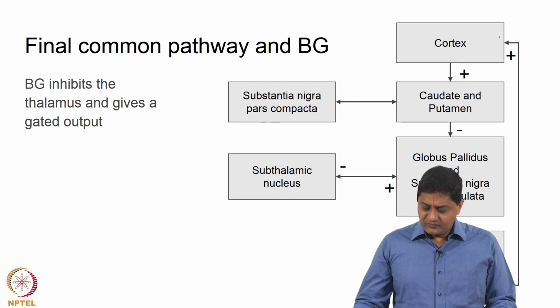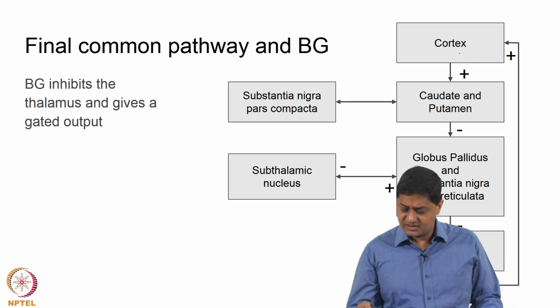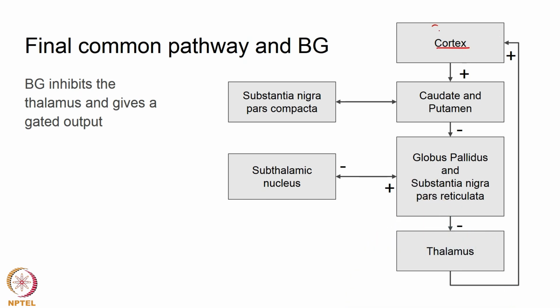So, what does the basal ganglia itself do? Once again, it receives inputs from the cortex, cortex means cerebral cortex in this case, and these inputs are usually excitatory, plus, and it projects to the globus pallidus. Actually, there are two distinct nuclei within the globus pallidus.